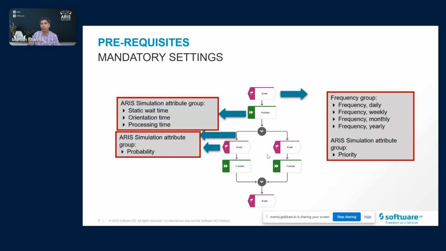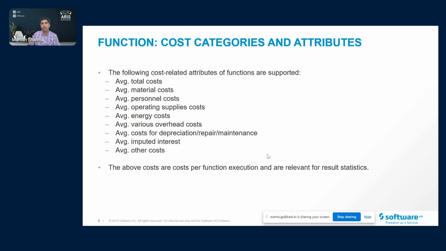Apart from that, you could maintain the cost related to activities as well. So you have these various costs that are possible related to operating the process, related to people, so personnel costs, related to any materials that are involved. So if you are putting in something like glue, or leather or wood or whatever else, then the material costs involved in that activity you can fill in.